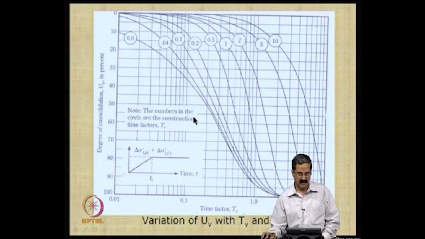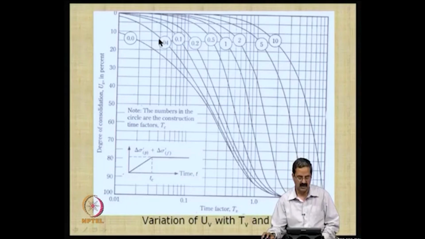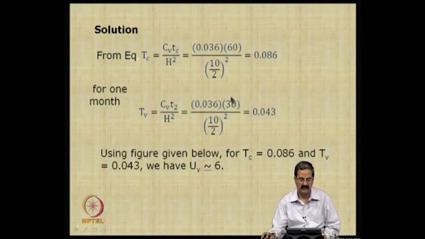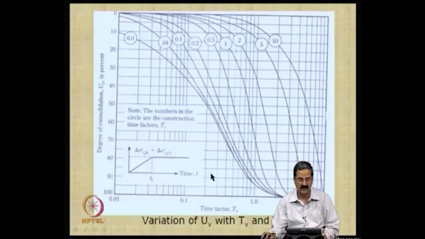The numbers in the circles are the construction time factors, as I mentioned in the previous slide. Then we look at the degree of consolidation, it is about 6%, somewhere here, quite low, because you are looking at only 1 month, not a long time. So one can really calculate based on different time intervals.